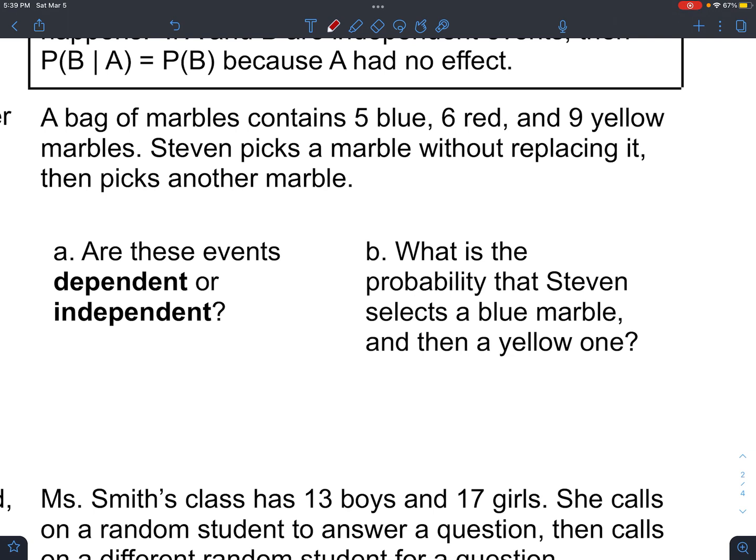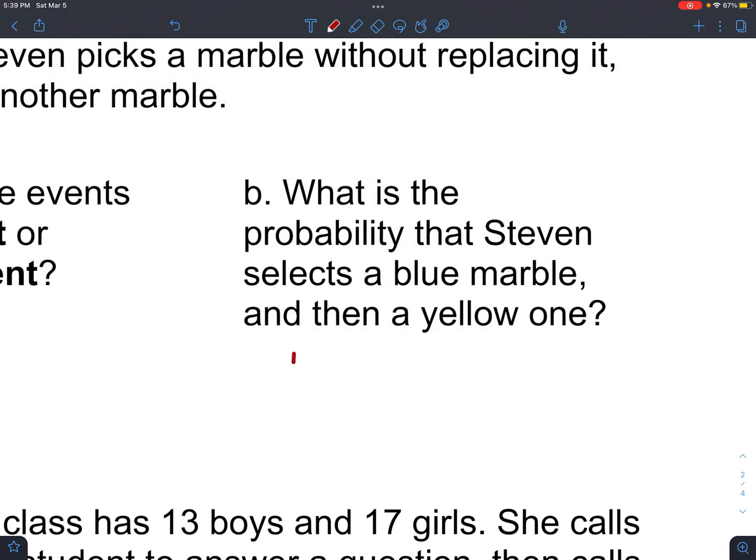So you got some marbles. Steven picks a marble without replacing it and then picks another one. So he just takes a marble and takes it out and then picks another one. Well, if you replaced it, it'd be different. But he took it out. So this is dependent. The first pick affects the second. And what's the probability that he selects a blue, and then the probability that he selects a yellow, given that the blue was drawn?